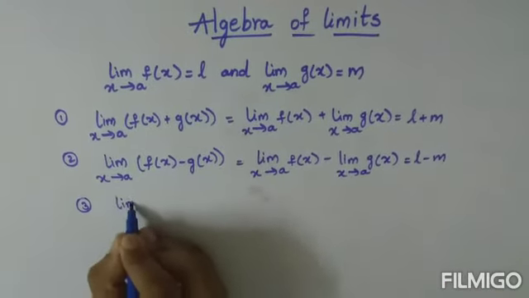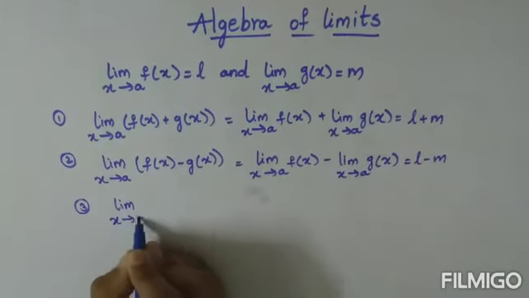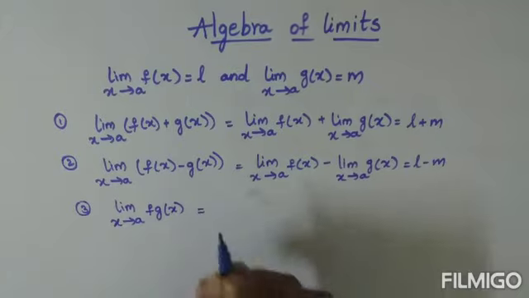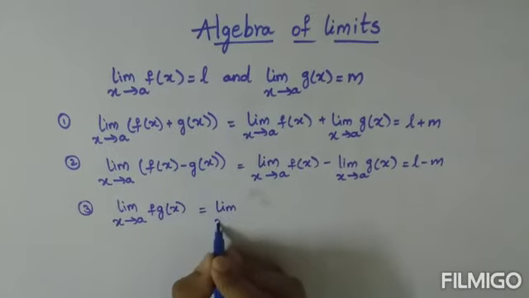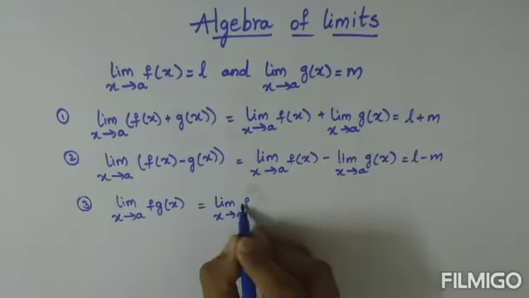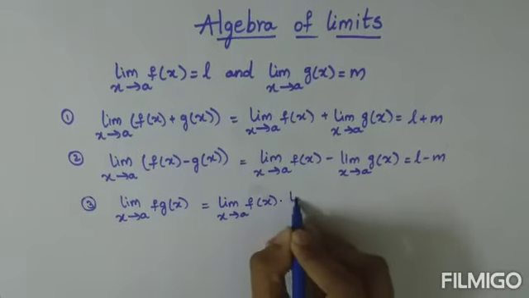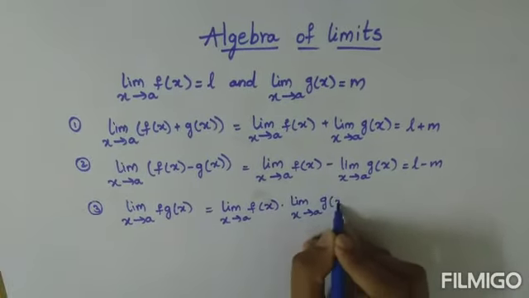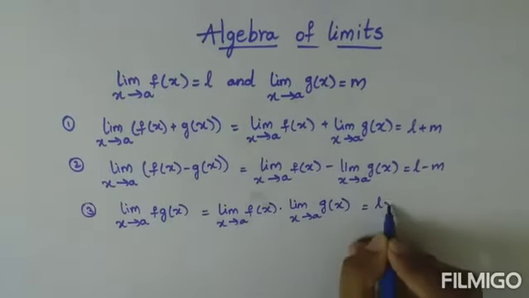Now, if we go for limit x tends to a, f g of x, we can write this as limit x tends to a f of x into limit x tends to a g of x, which is equal to L times m.